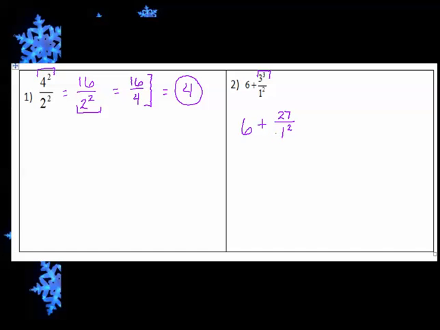Then I'm going to solve 1 to the second because I did all the things on the top, I need to do all the bottom now. 1 to the second power is 1. Then all the bar means is division, so I need to divide that. 27 divided by 1 is 27. Then I still have plus 6. And when I do 6 plus 27, I end up with 33.